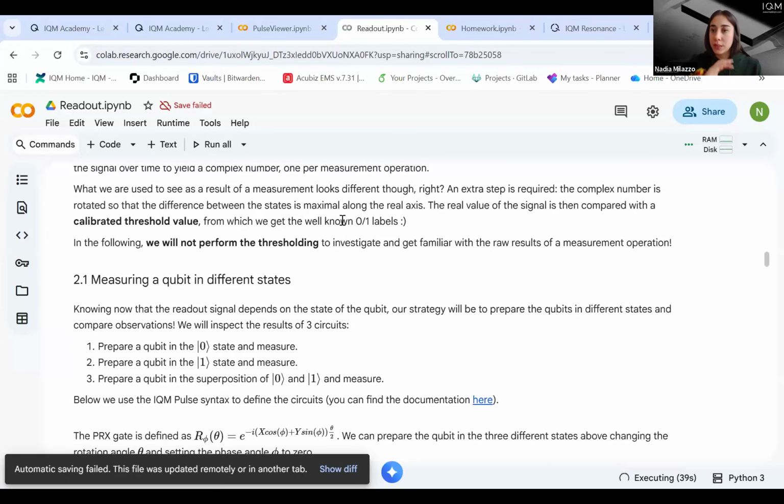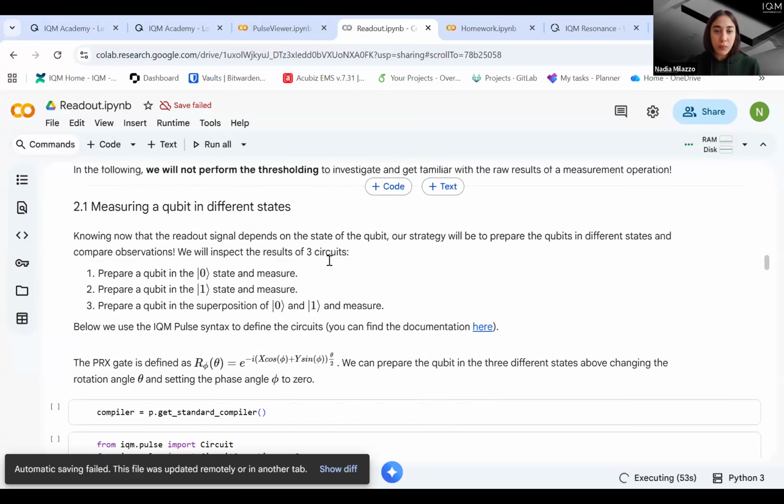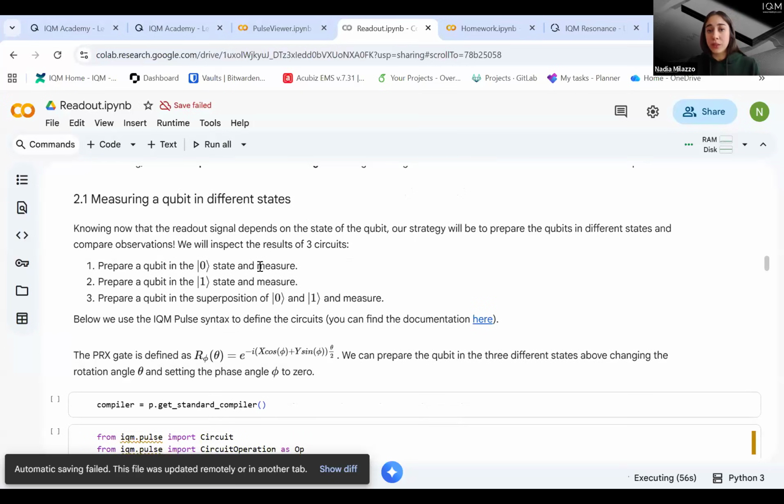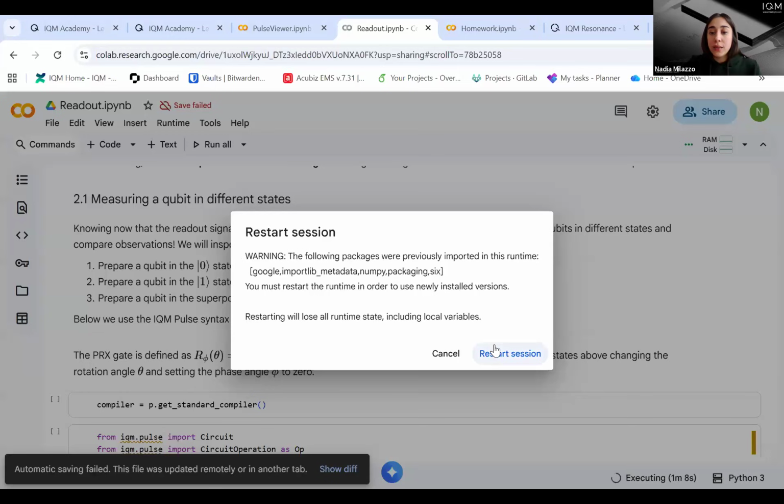This means that to translate from this raw result, which is a complex number, to the 0-1 label, usually what is done is a thresholding operation. So everything that is above a certain threshold will be 0 or 1. And to see the different results, we will also prepare the qubit in 3 different states: the 0 state, the 1 state, and the superposition state. And also here you have links.